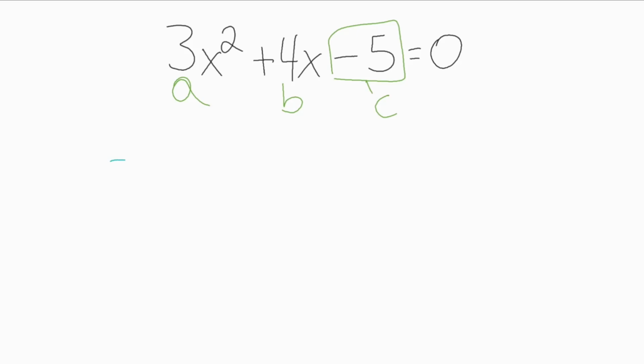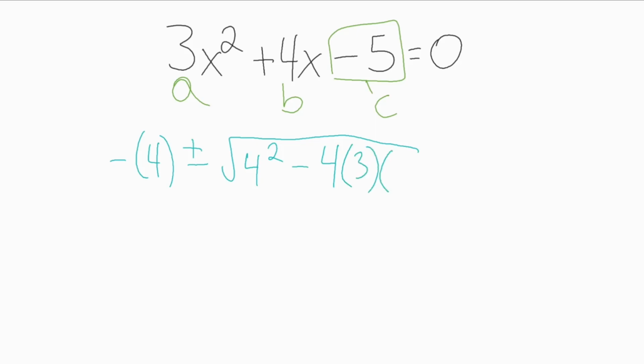We're going to have negative 4 plus or minus the square root of 4 squared minus 4 times 3 times negative 5, all over 2 times 3. And that's going to be equal to our x.